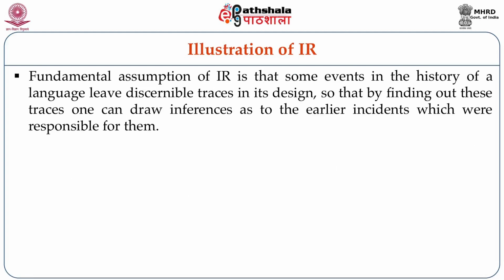The fundamental assumption of internal reconstruction is that some events in the history of a language leave discernible traces in its design, so that by finding out these traces, one can draw inferences as to the earlier incidents which were responsible for them.